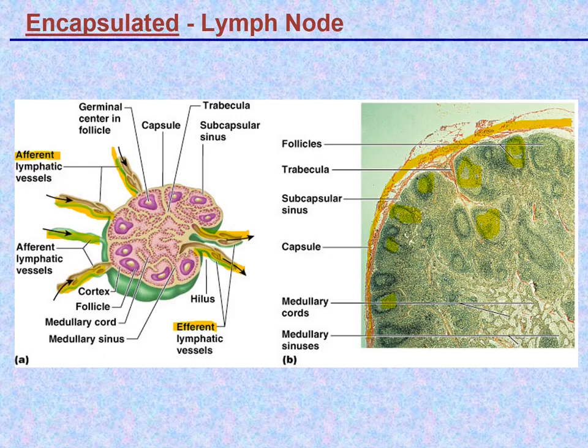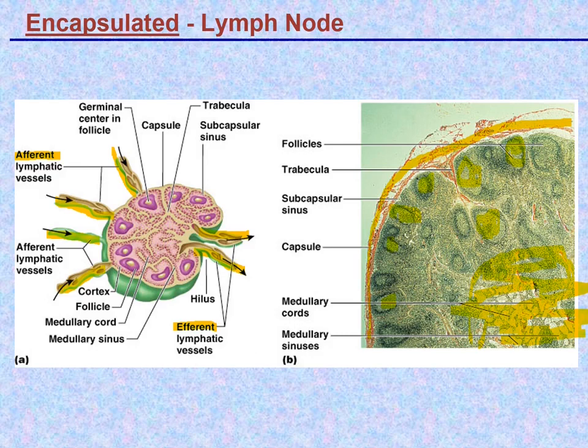The inner part, like many organs in the body, is called a medulla. So this would be the medullary area, all in here, all through there. And the outer part is the cortex, and that's where you find the follicles. There are other types of lymphoid cells in the tissue.